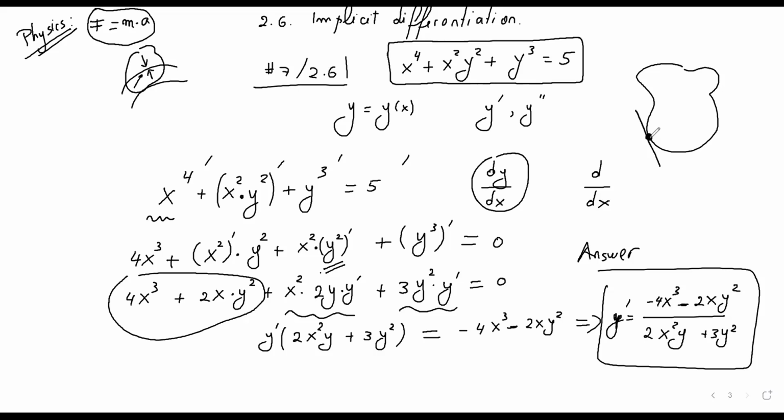Knowing a point means knowing both x and y at some point, so I could just substitute those concrete numbers here, and I would find y prime. So that is the thing that we are looking for. And it's very important, folks, very important. And I will give you examples with that coming up.